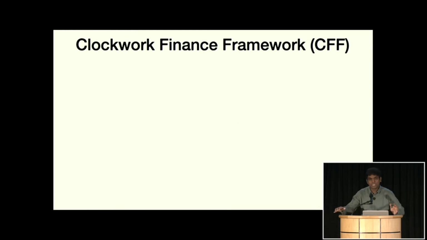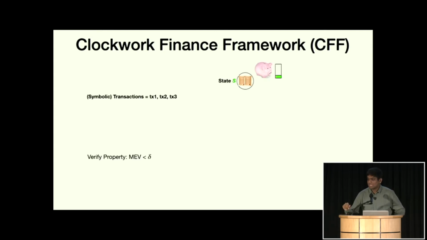Analogous to this small example that I showed you for formal verification, the Clockwork Finance Framework is instantiated similarly. So we start from a blockchain state S, which has certain contracts in it and certain balances of the players. Given some symbolic transactions, by symbolic transactions, I mean that these transactions can be parameterized on some input variables.